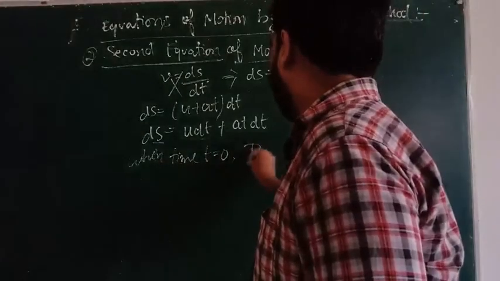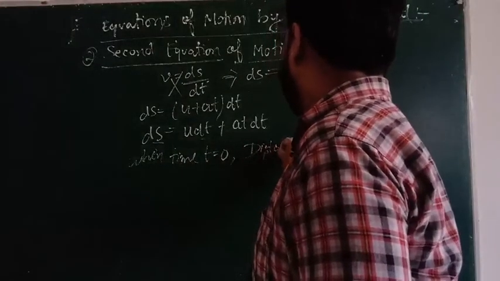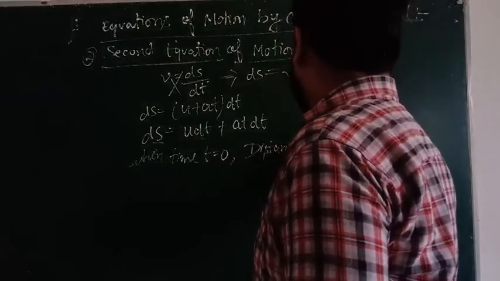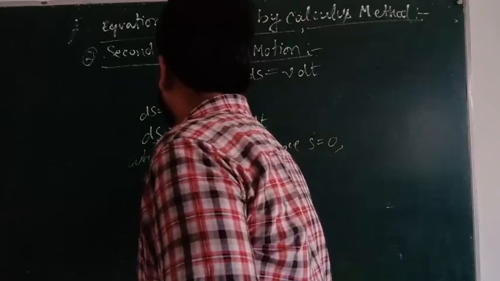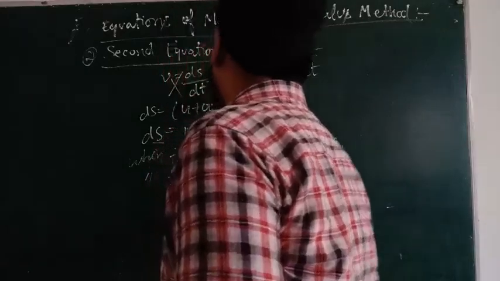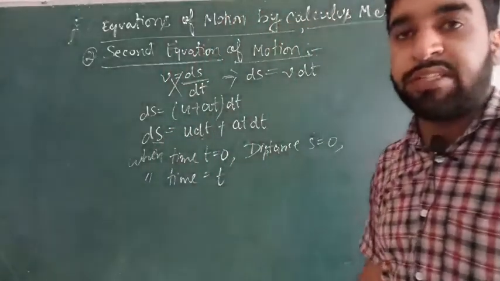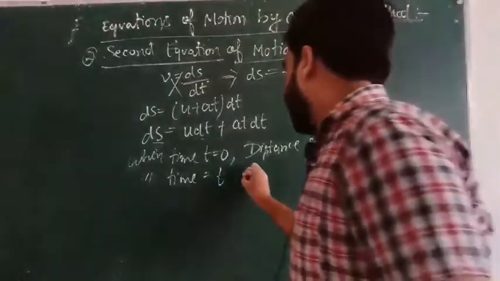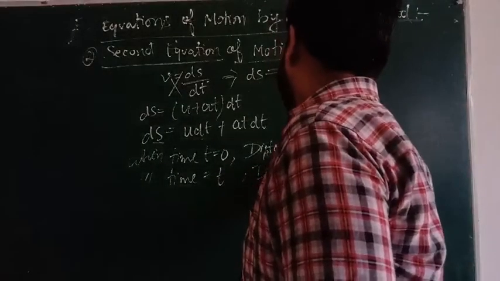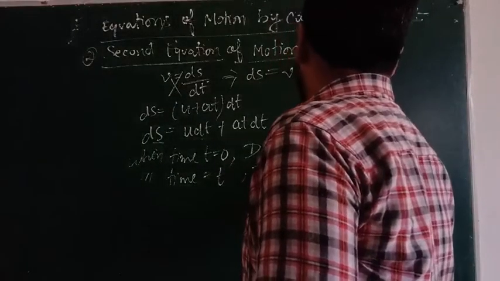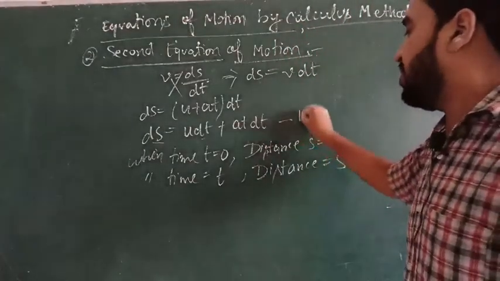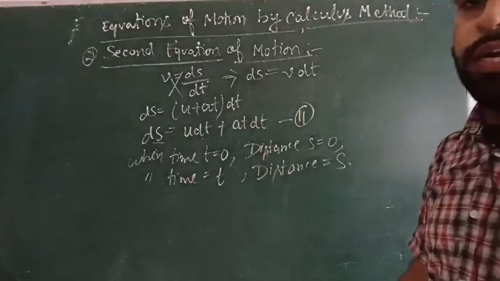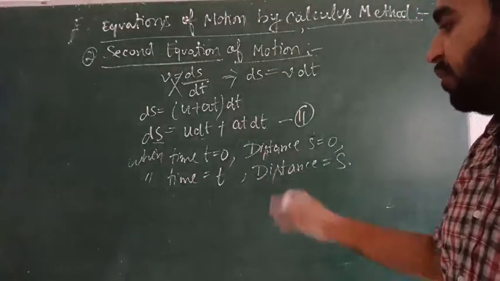So when t is 0, s will be 0. And when you consider time as t, then distance will be how much? Say s.